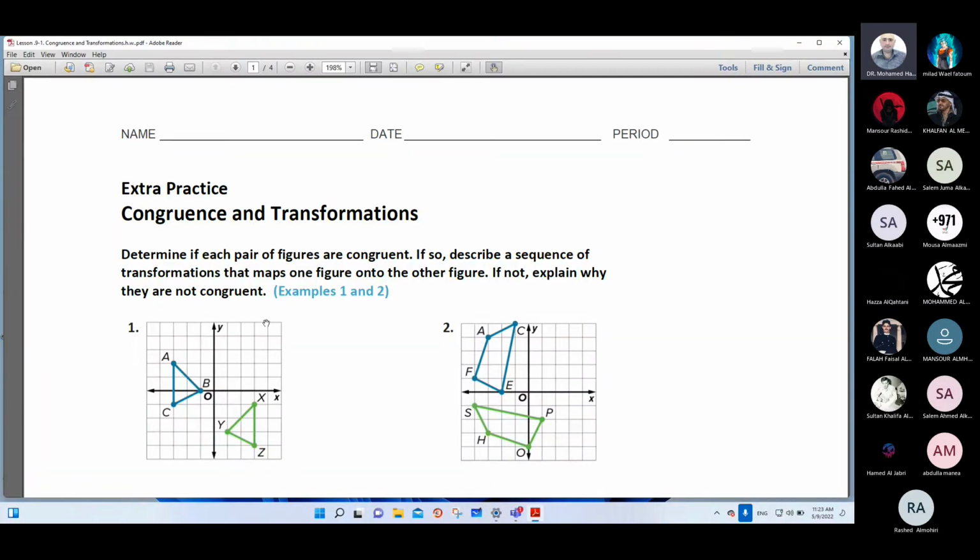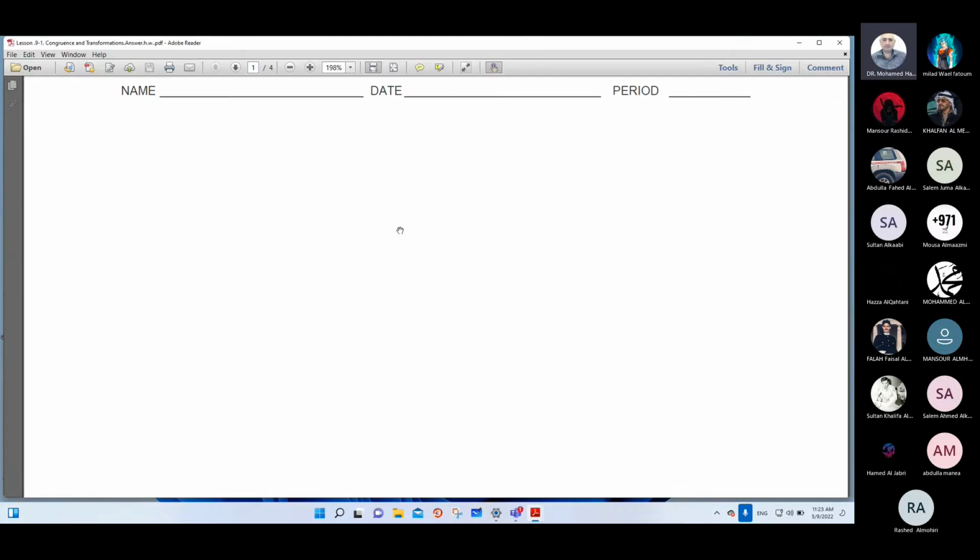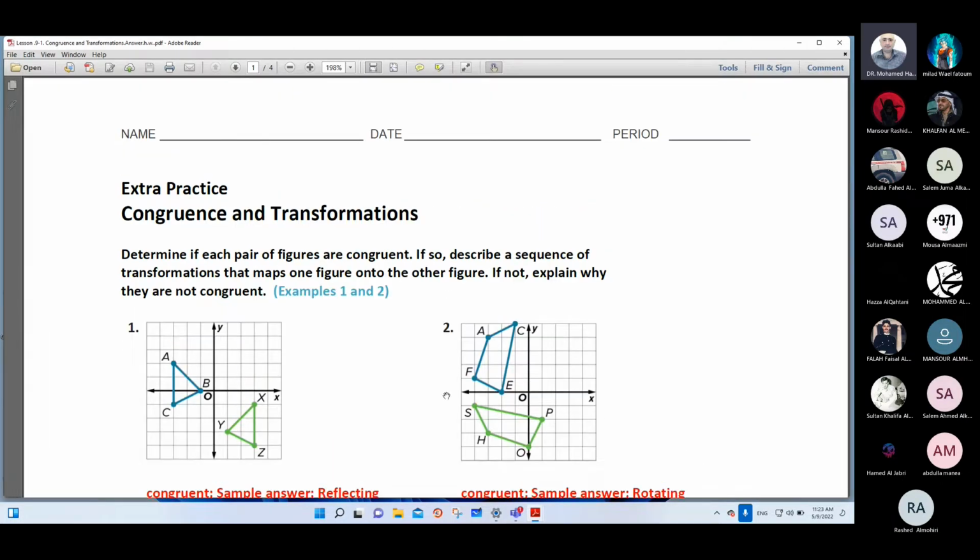Listen here. Congruence and Transformations, this is the title of our lesson. Now, who can read the question? Yes, Sultan.